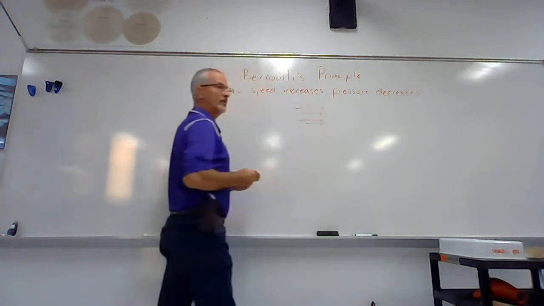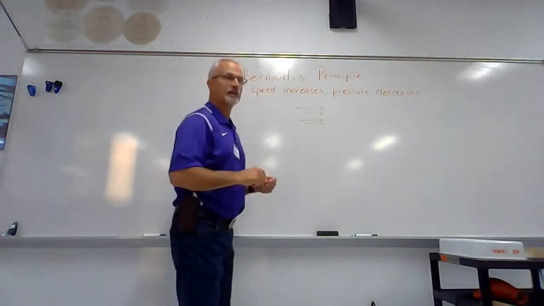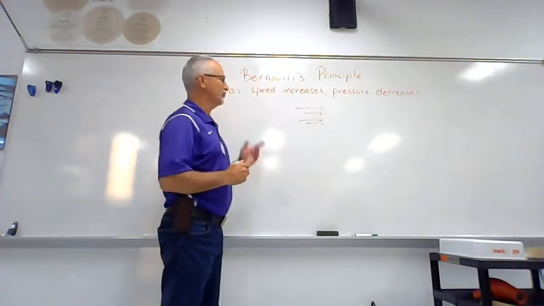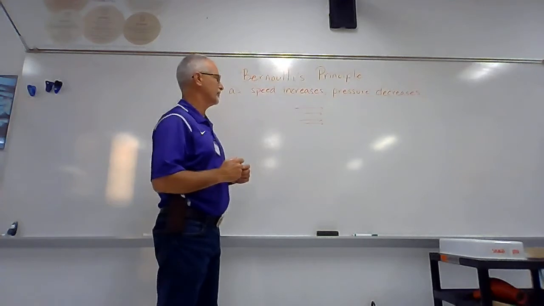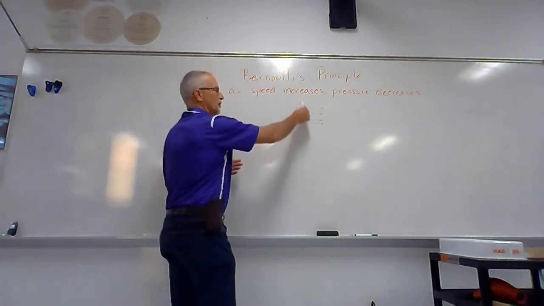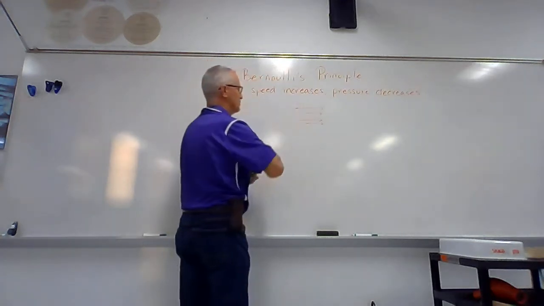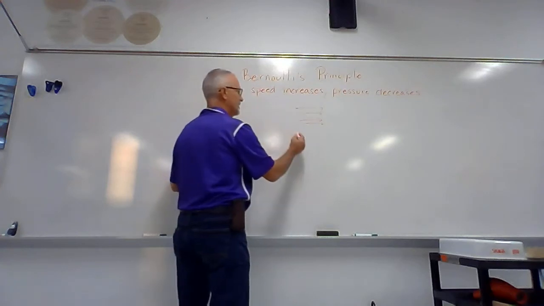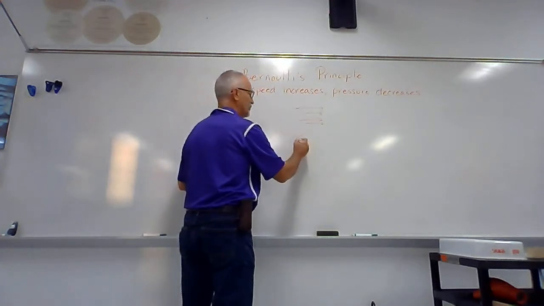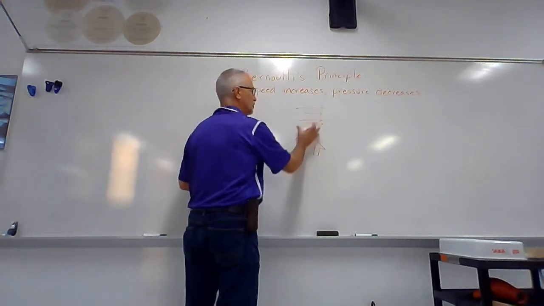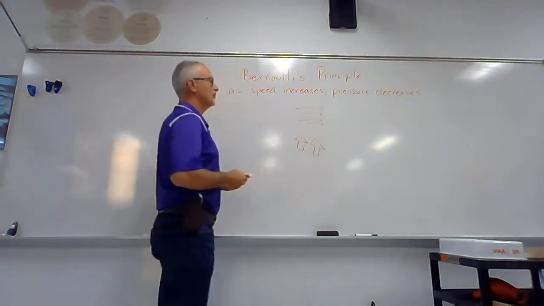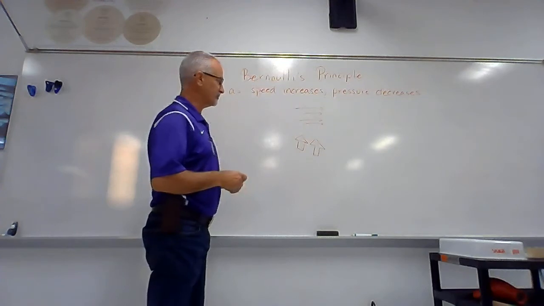You would think that would be the exact opposite, that because they're moving, they have more pressure, but they actually have less pressure. So at this area right here, you have a fluid that's moving, and here you have a greater pressure that's now pushing toward that area that's moving fast.